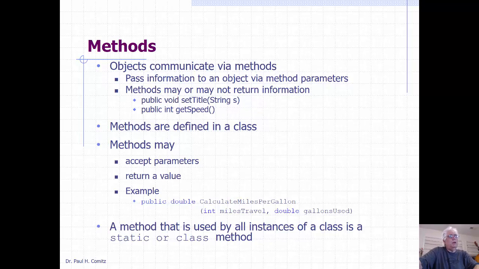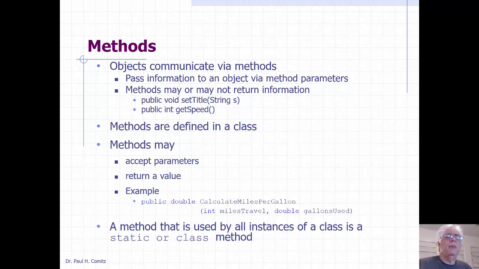It returns a double. It has public access. And we pass in as parameters, so you can have no parameters, or you can have a parameter list. We pass in an int, milesToTravel, and a double, gallonsUsed. So we calculate miles per gallon.